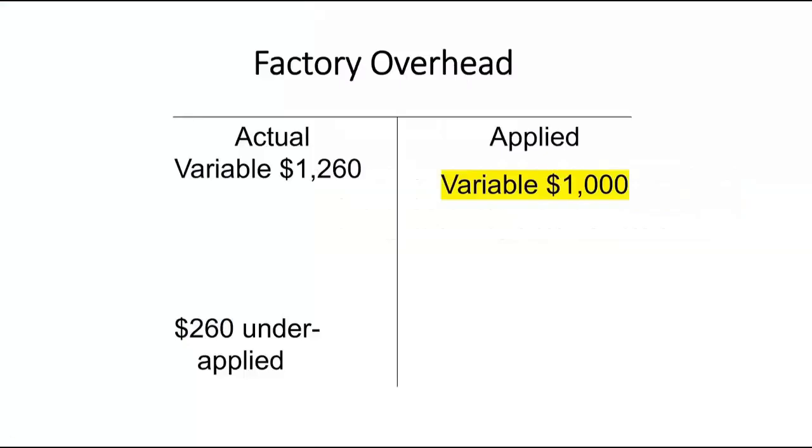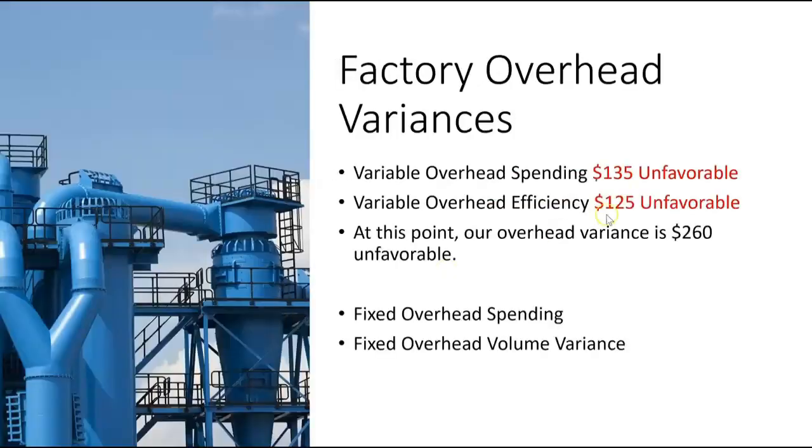And right now it equals 260 under applied, which means we spent 260 more than we applied to production, and that's considered unfavorable. You'd rather spend less than spend more, but it is what it is. We spent more than we applied. That's unfavorable. And then when we look at the variances so far, our combined variable overhead variance is 260 unfavorable. So we're halfway done. We've got to move on to fixed overhead variances, and there's 2 of those.